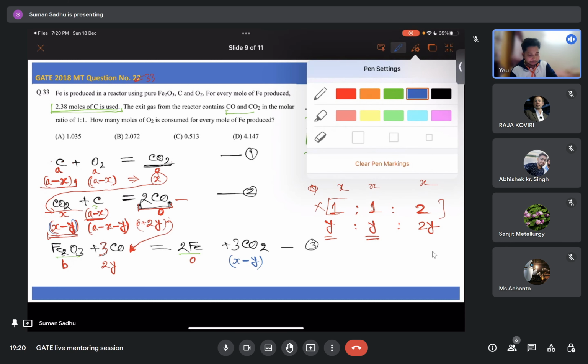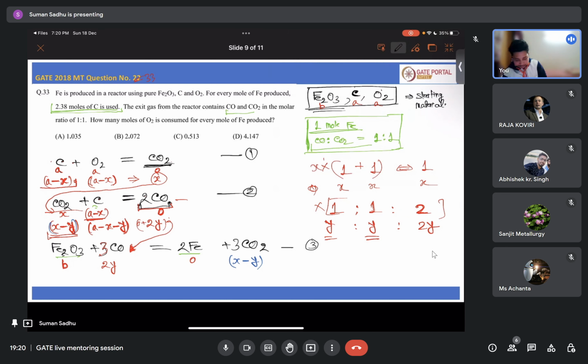Now, tell me from this reaction, if I dissociate Z mole of Fe2O3, from this CO, how many mole of CO will dissociate? The ratio 1 is to 3, then equal to 2 is to 3. This ratio it will form. Now I am dissociating Z mole of Fe2O3, so how many mole of CO will dissociate?